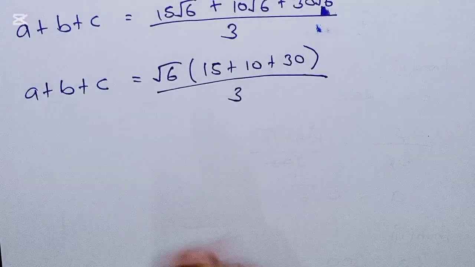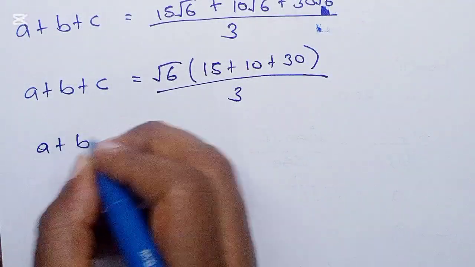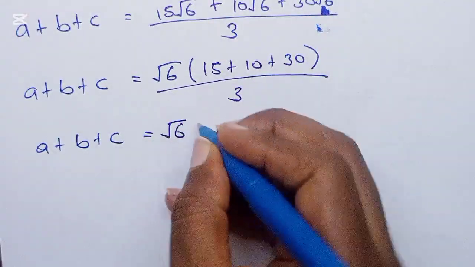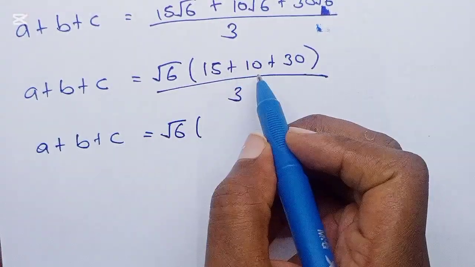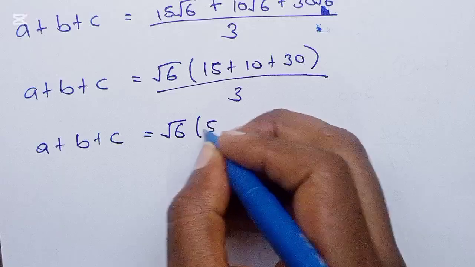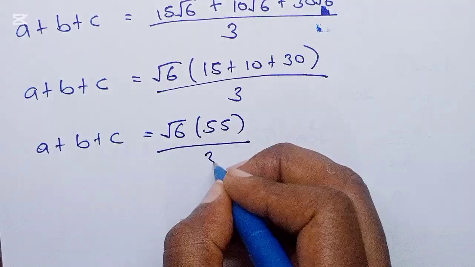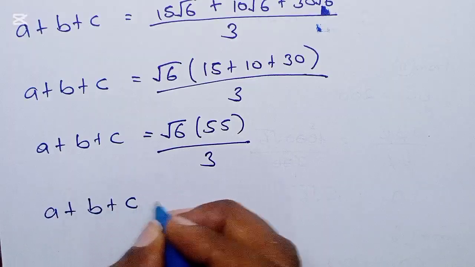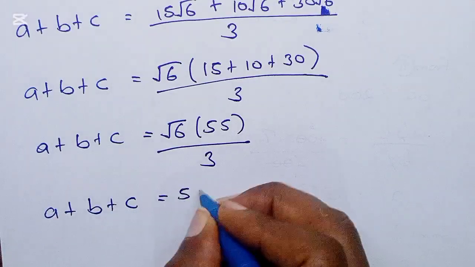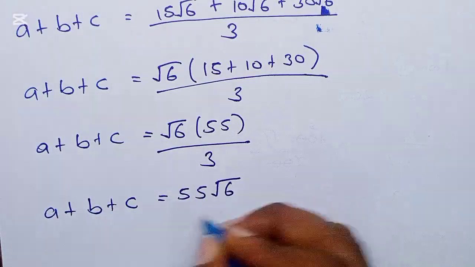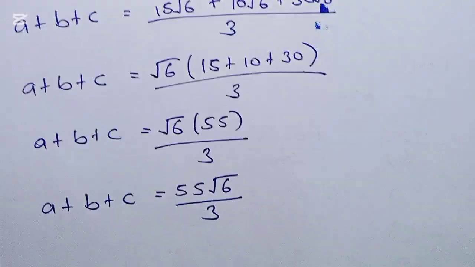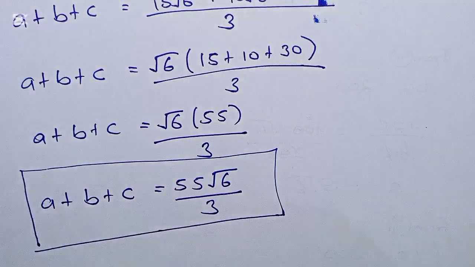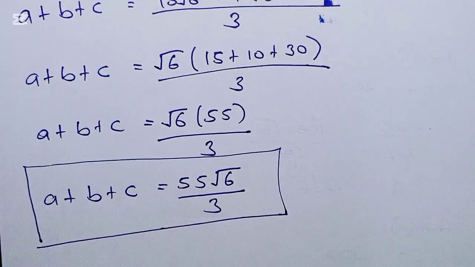So A plus B plus C is equals to root 6 into 15 plus 10 plus 30, which is 55, over 3. So it can be written as A plus B plus C being equals to 55 root 6 over 3. This is the same answer we got as before. So you can use either method to solve.